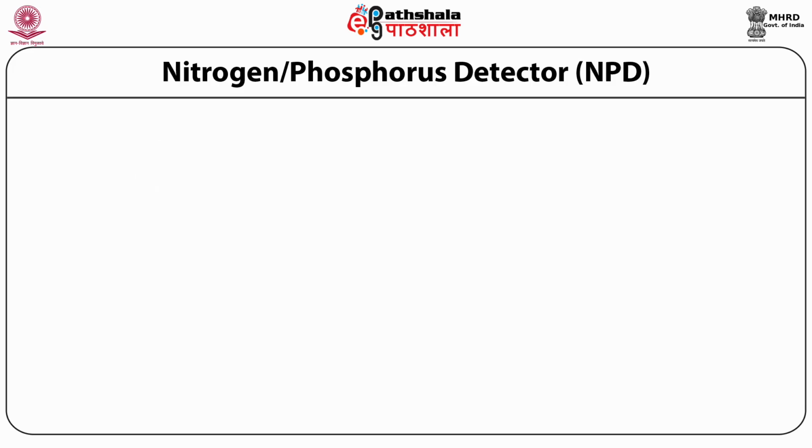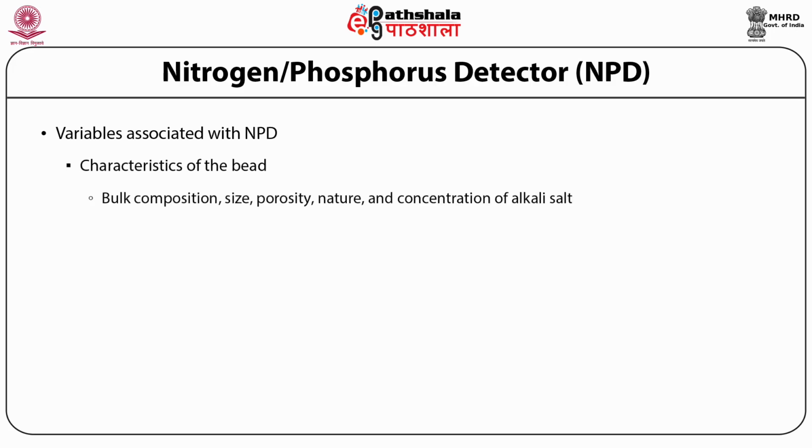material. There are many variables associated with the response of the nitrogen phosphorus detector that conspire to yield a different sensitivity, selectivity, and lifetime based on bead type and operating conditions, such as characteristics of the bead: the bulk composition, size, porosity, nature, and concentration of the alkali salt.